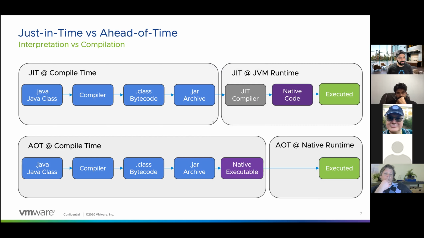The key difference is ahead of time compilation here. So what you are doing is you are building a native executable as part of your compilation, and I'll show you how that happens. There are different ways to do that, but the Spring Team has made it very straightforward. You don't need to install any dependencies locally, anything like that.